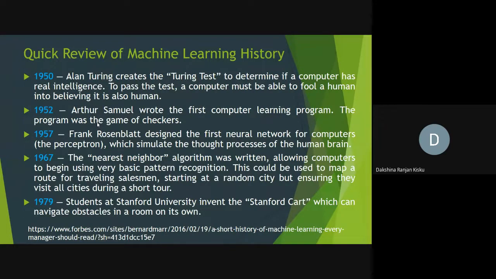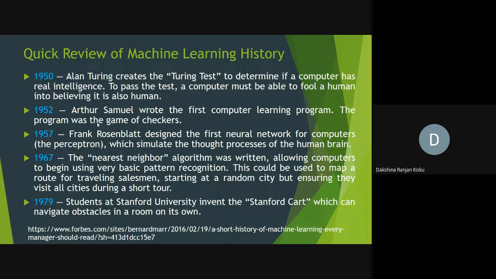Now, if the person does not understand to whom he is talking, that means the machine can imitate human behavior, or the cognitive process of the human, so that the machine can fool the human into believing it is also human. So this was the Turing test, which was proposed by Alan Turing in the year 1950.